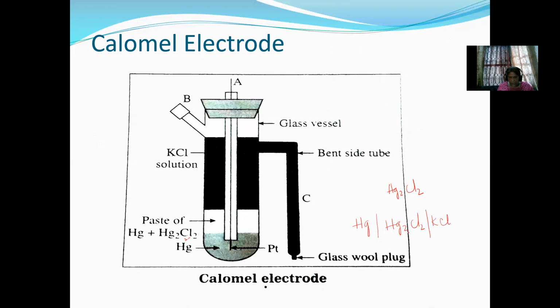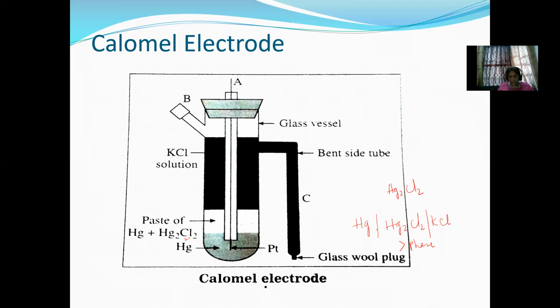Okay. Now this single bar is the phase separation, or the phase boundary. You have the mercury, then you have mercurous chloride, the solid phase. This is the liquid, this is the solid, this is again a liquid solution.